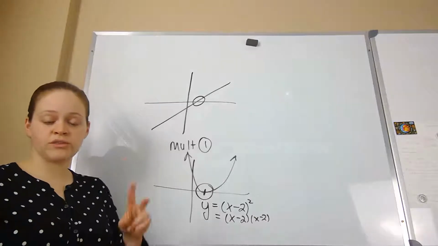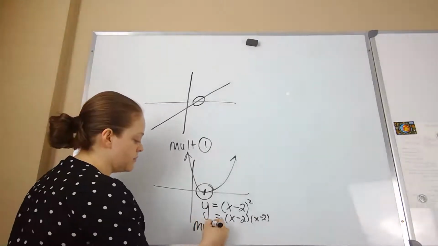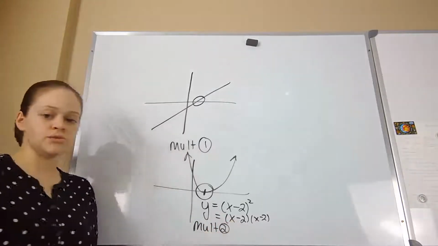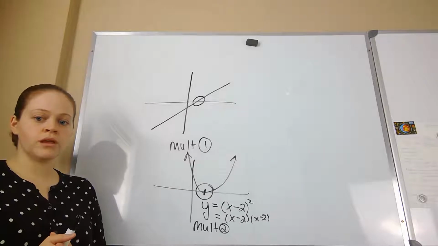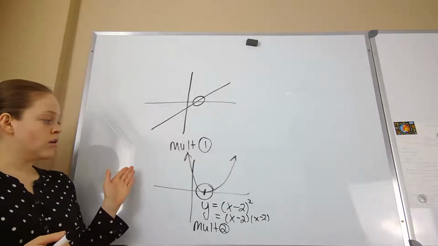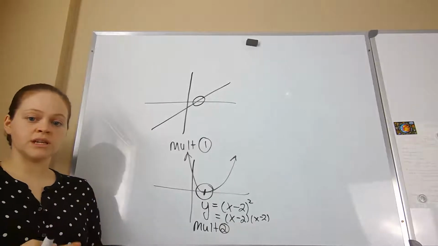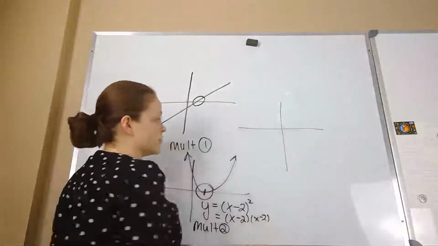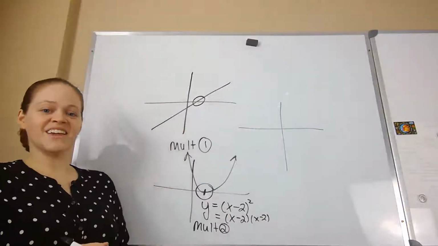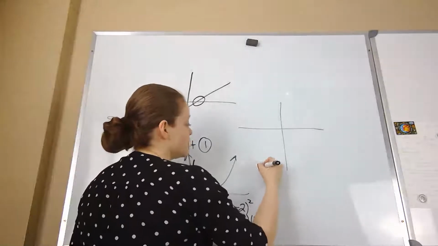That means you have a multiplicity of 2 at that point. And then the next one that you're going to deal with is a multiplicity of 3. That's kind of when the curve gets a little bit lazy, I like to say. It kind of lays on the axis a little bit. So that'd be like a cubic.